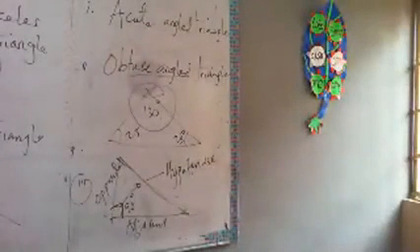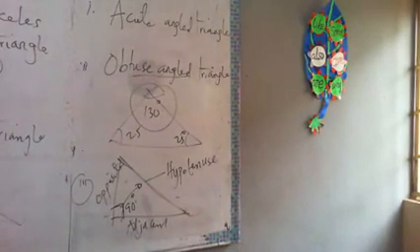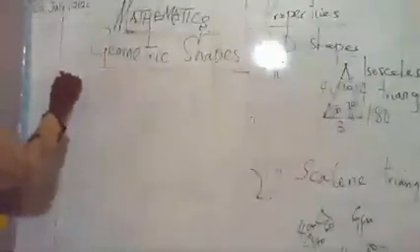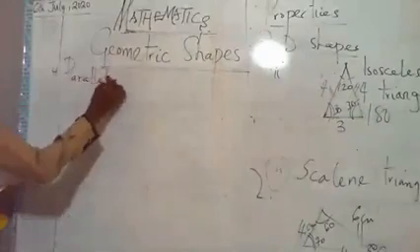Then, having mentioned triangles, we'll go straight to the next plane shape, which is quadrilaterals. The first quadrilateral I mentioned is the parallelogram.